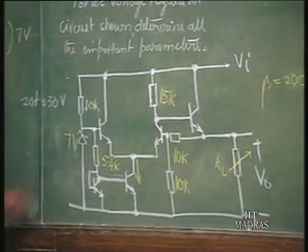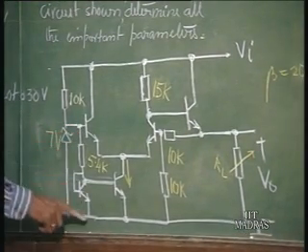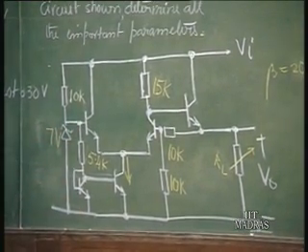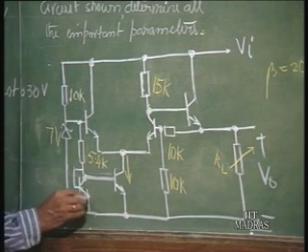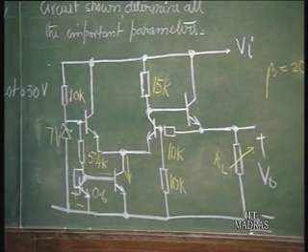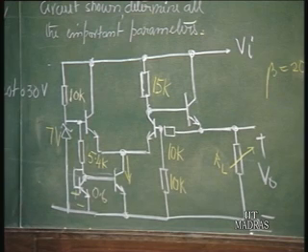7 volts is here and the voltage across this biasing arrangement is 7 volts minus the 0.6 volts drop here for the diode connected transistor. This is a current mirror, 0.6 volts drop here. So, 7 minus 0.6 is 6.4, divided by 5.4.